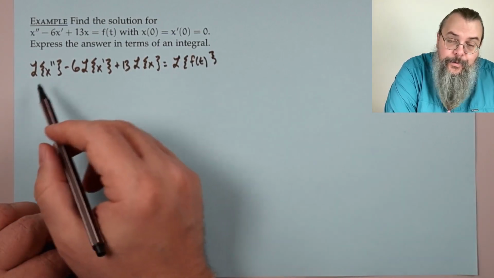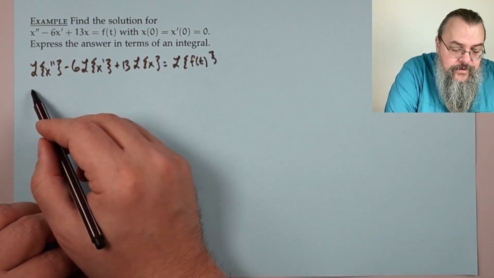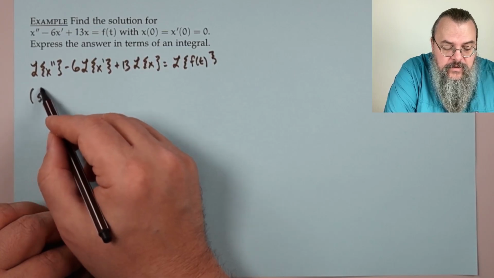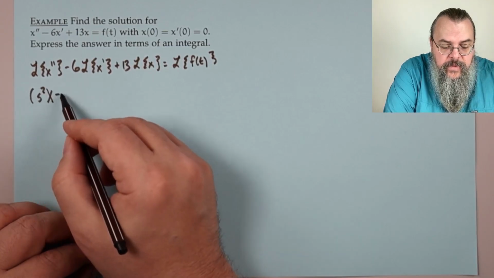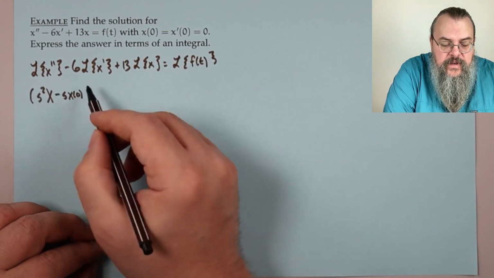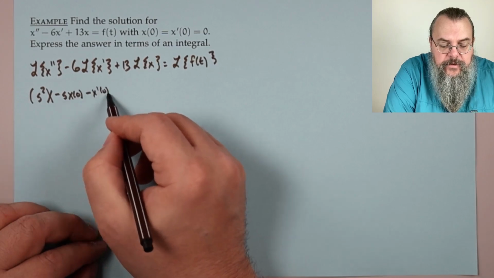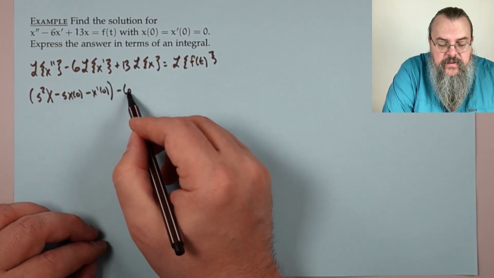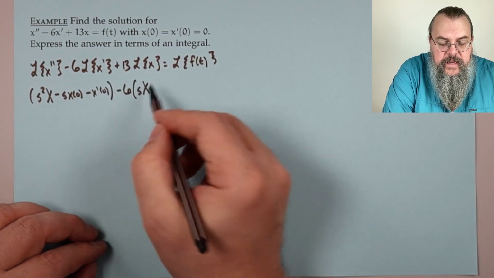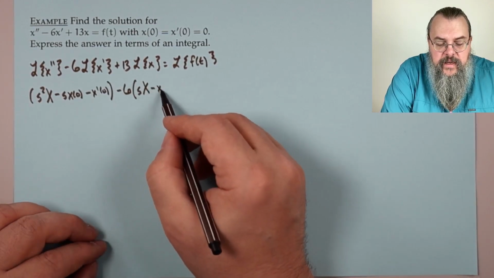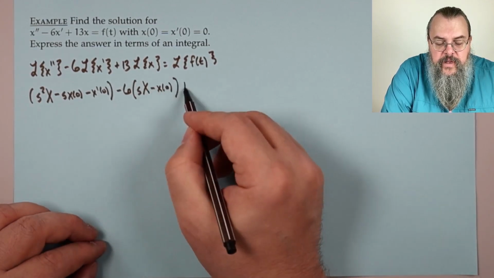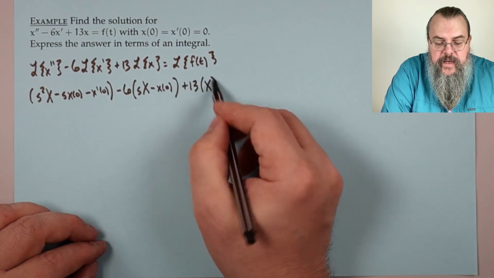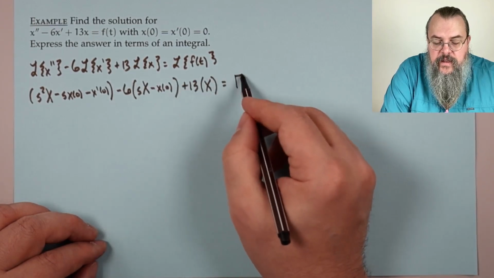All right, well, we have our rules, so we use our rules. That's s squared capital X minus s x of 0 minus x prime of 0 minus 6 s capital X minus x of 0 plus 13 capital X equals capital F.